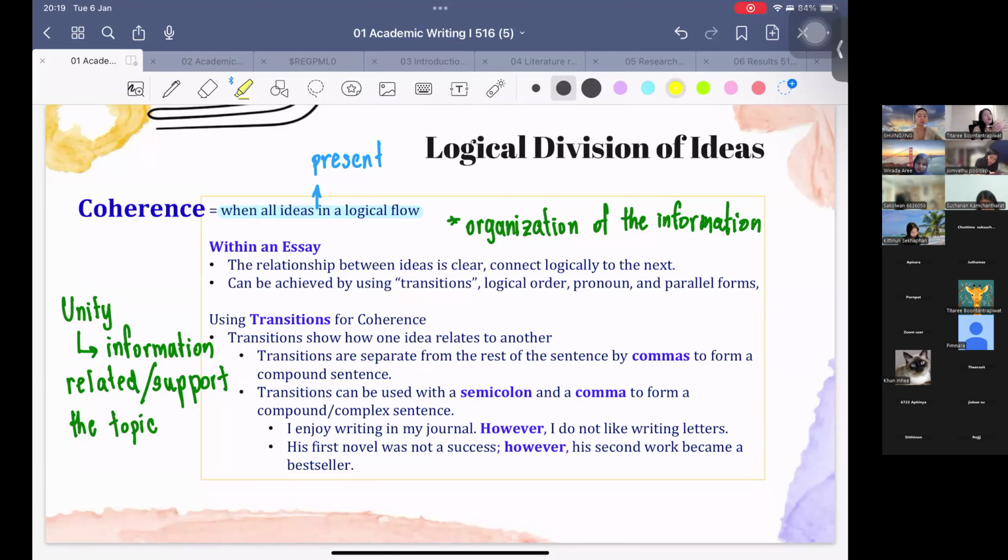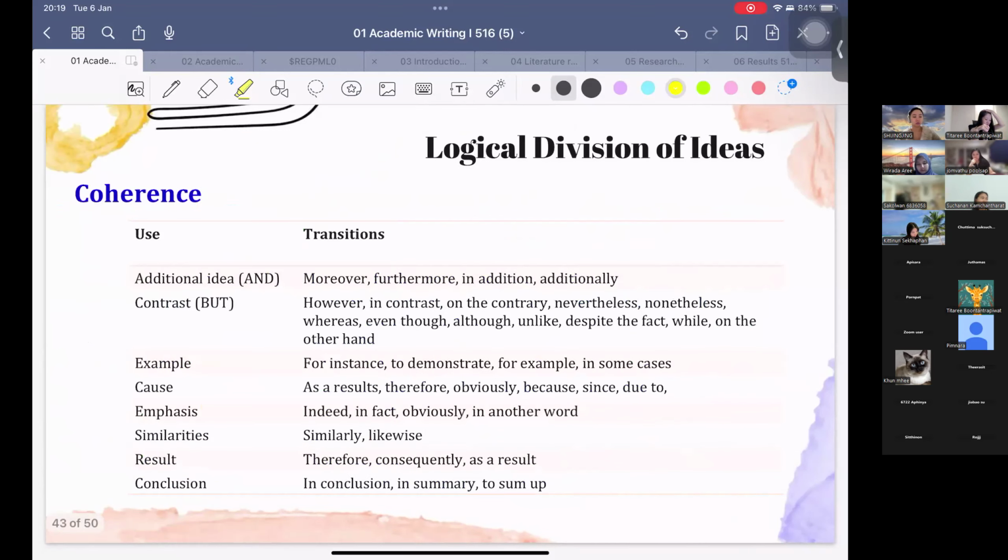And with coherence, to connect information together, you might use transitional words. This is just some examples for coherence.